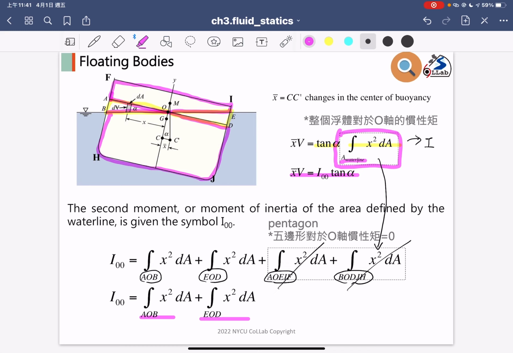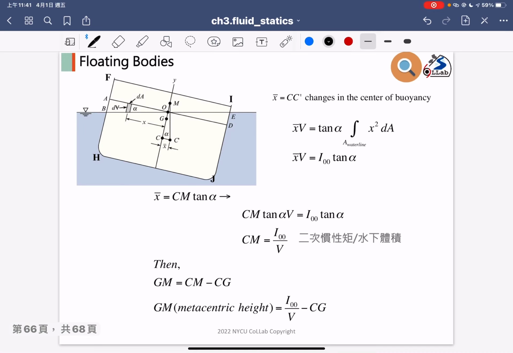X bar multiplied by the total displaced volume is equal to the second moment of the water line area multiplied by tangent alpha. So this is our final. And the next step, we know what is the x bar.